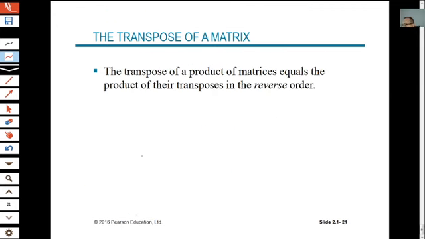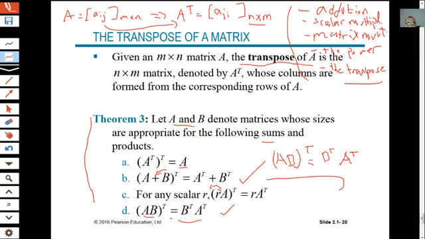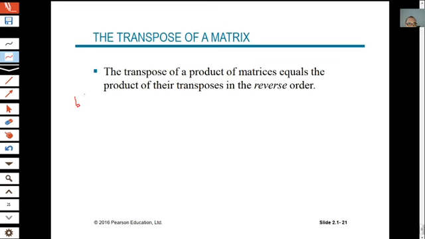For example, let's prove the second property, namely, let's check whether we have the equality or not. A plus B transpose is equal to A transpose plus B transpose. So let's say A is an n by n matrix, Aij, n by n.